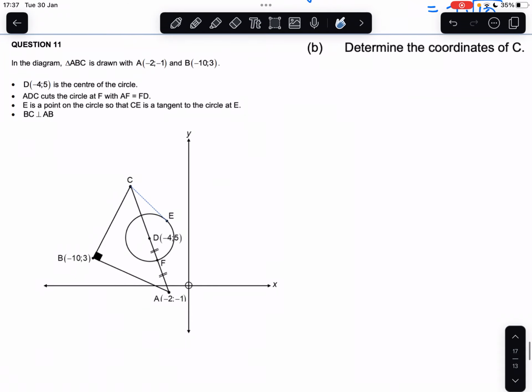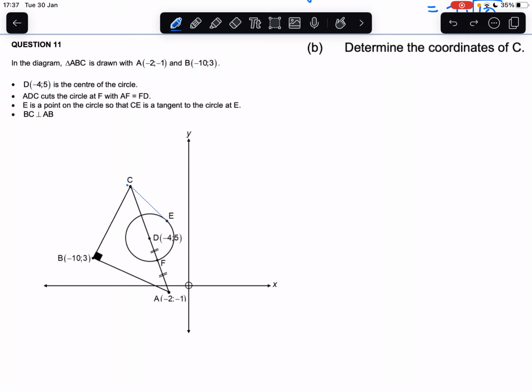The next question says, determine the coordinates of C. C is part of the tangent, EC, and I feel like there's better hope of finding the coordinates of C that way.